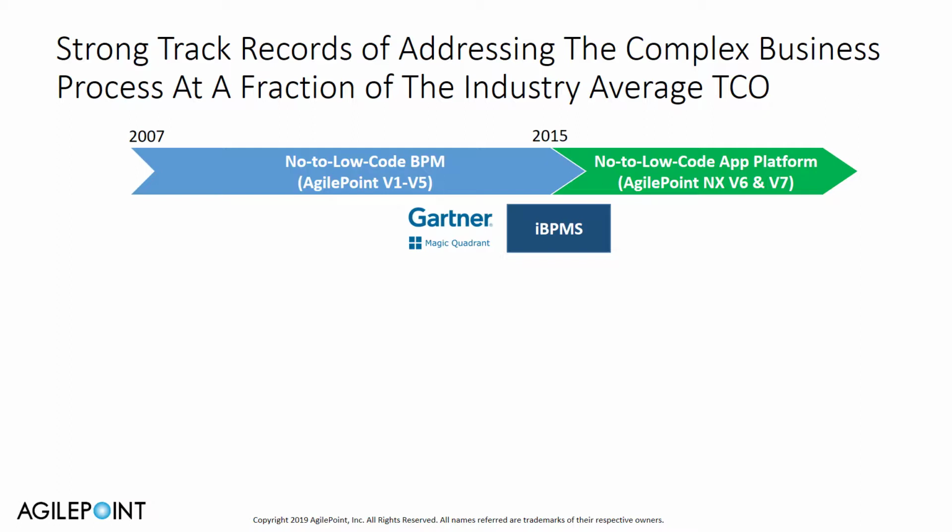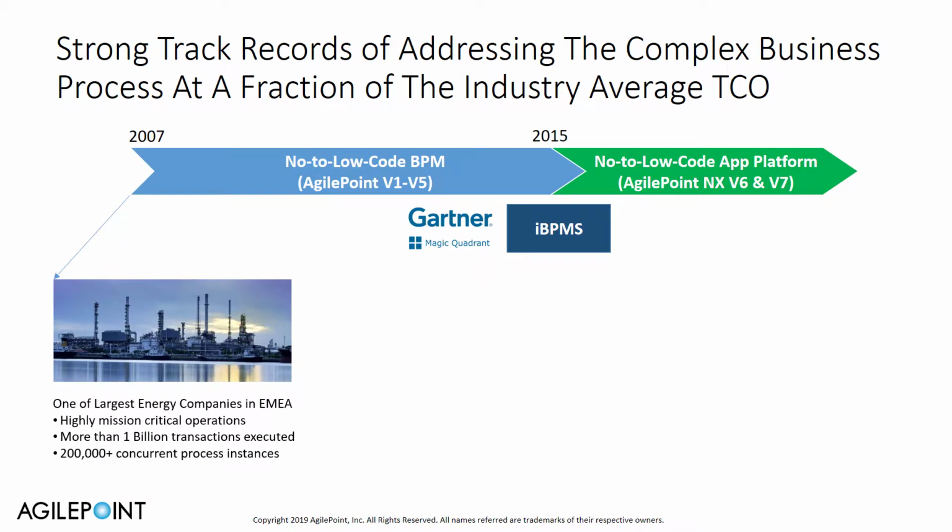So let's talk a little bit about some of the customer evidence that we've seen over the years. Right, and this type of use case that we're seeing here really enables our customers to build these very complex applications that was often the domain of some legacy BPM providers, but to do so at a fraction of the overall cost. Right, the first example that I'd like to share with you here today is one of the largest energy companies in Europe.